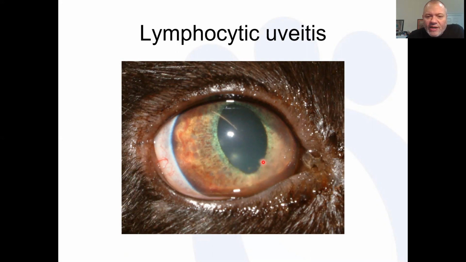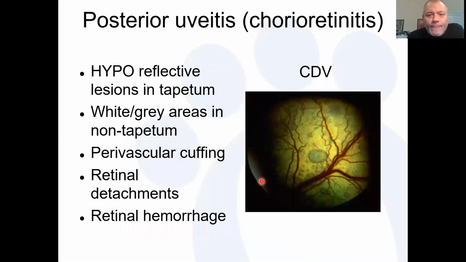This cat's also got keratic precipitates sticking to the back of his cornea. Lymphocytic uveitis is non-specific, it's not specific to a particular disease. We do see it commonly in chronic uveitis in cats, often where there's no underlying cause diagnosed, and effectively an immune-mediated chronic uveitis is then postulated as the cause in many of these cats, though not all of them.